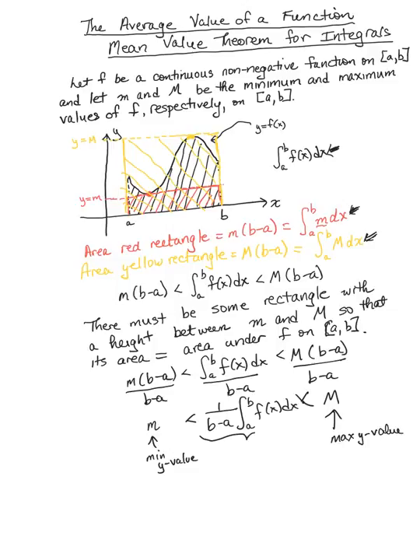And this must be the special y value, or height of the rectangle, so that its area under the interval from a to b is equal to the area under the curve.